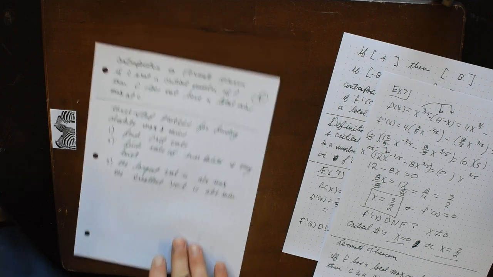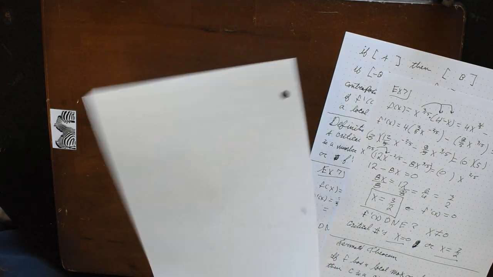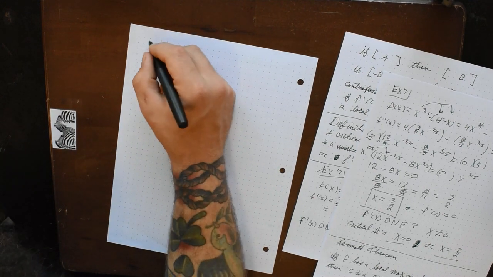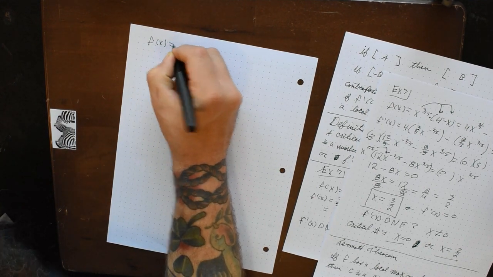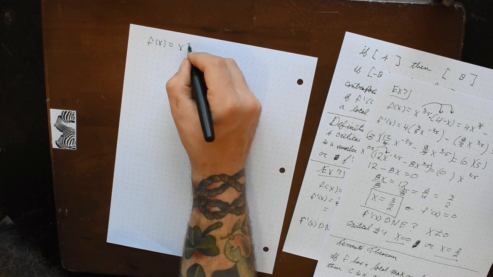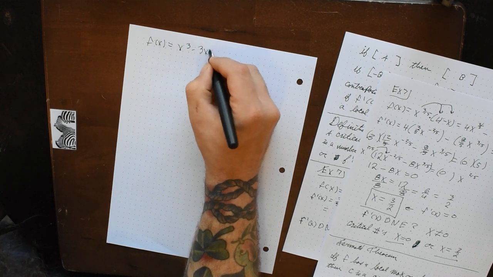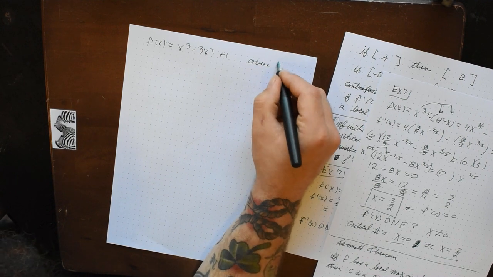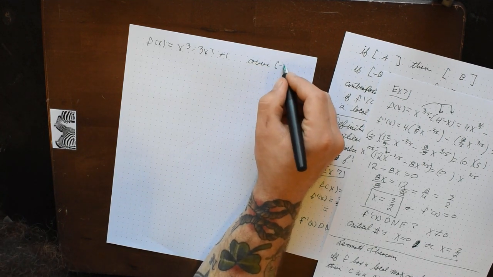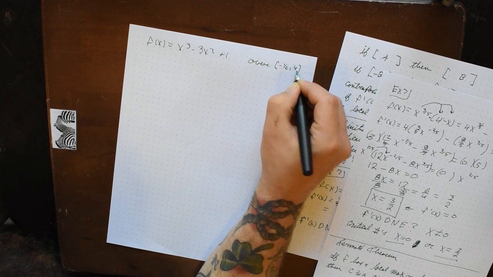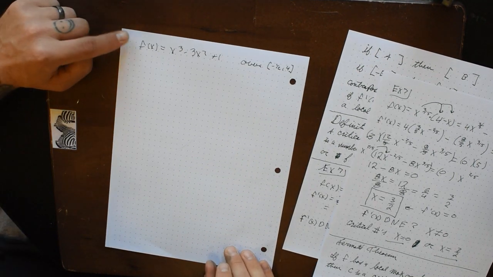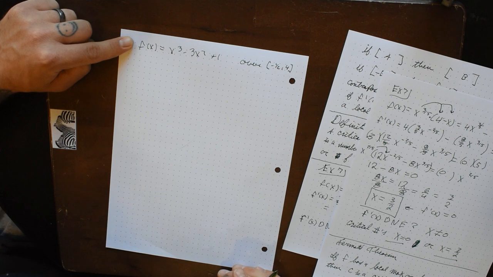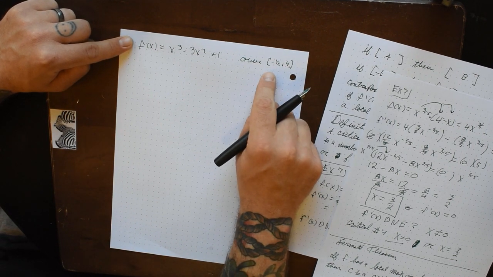So let's do some examples. Let's say we have the function f of x is equal to x cubed minus 3x squared plus 1 over the interval negative 1/2 to 4. And what we want to do is find the absolute maximum and the absolute minimum of this function over this interval.